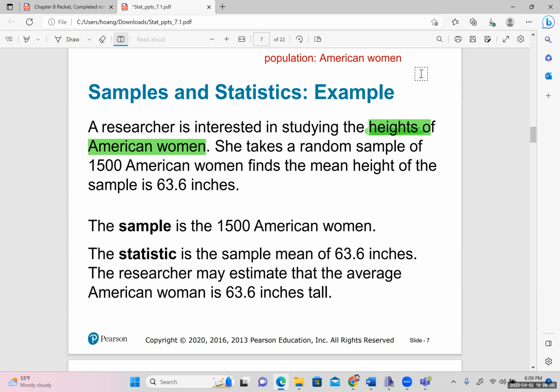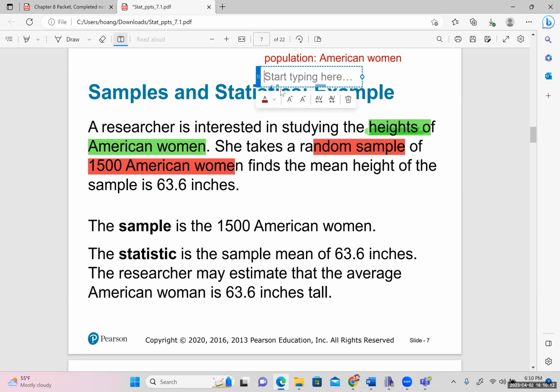But instead of doing that, the researcher takes a random sample, right? So you could take only a random sample of 1,500 American women. So now you have a sample that has just 1,500 American women.